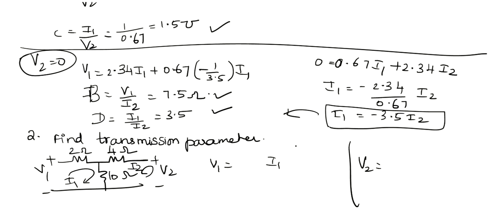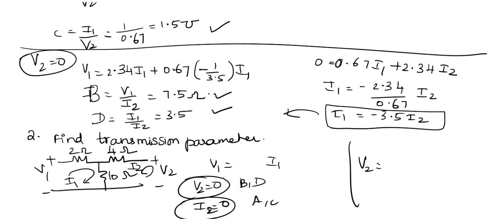So you are writing two equations, and you have only two options: by making V2 equal to 0 or I2 equal to 0. With I2 equal to 0, you can get A and C values. With V2 equal to 0, you can get your B and D values. So finally you are getting all the ABCD. You just try. Your answer will be like this: 6 by 3 by 1 by 10 and 7. You just try the sum.